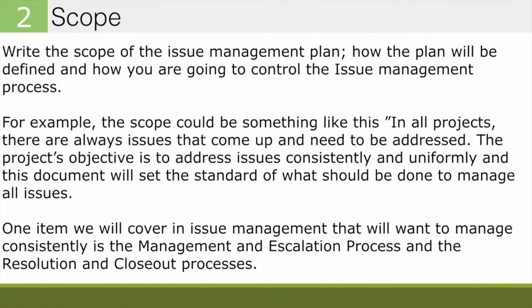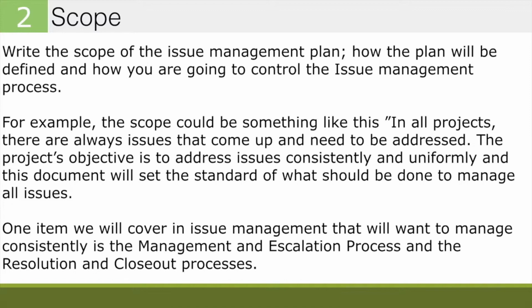Now you go into the scope. So write the scope of the issue management plan. How will the plan be defined and how are you going to control the issue management process throughout the life of the project? For example, the scope could be something like, in all projects, there are always issues that come up and need to be addressed. The project's objective is to address issues consistently and uniformly, and this document will set the standard of what should be done to manage all those issues.